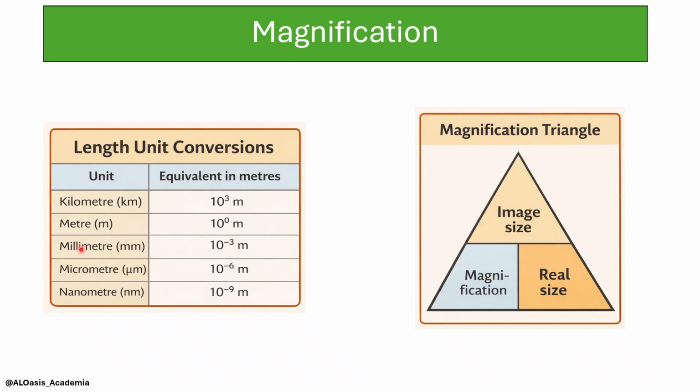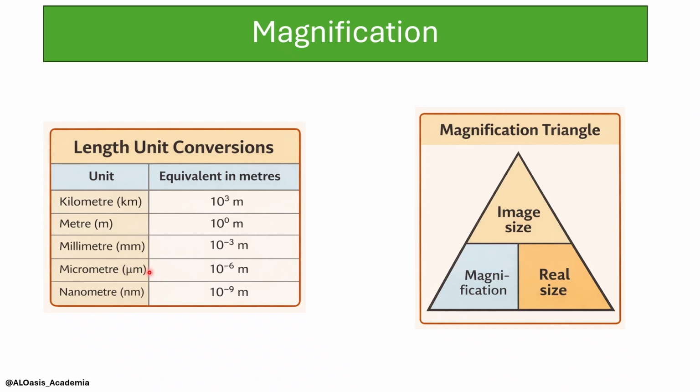If you convert from millimeters to meters, which is from the smaller unit to the larger unit, you divide by 1,000. However, if you are doing it the opposite way, from meters to millimeters, you times it by 1,000. And the same thing with micrometers. If you are converting from micrometers to meters, you divide by 1,000,000. If you are converting from meters, which is the bigger, to micrometers, which is the smaller, you just times it by 1,000,000.